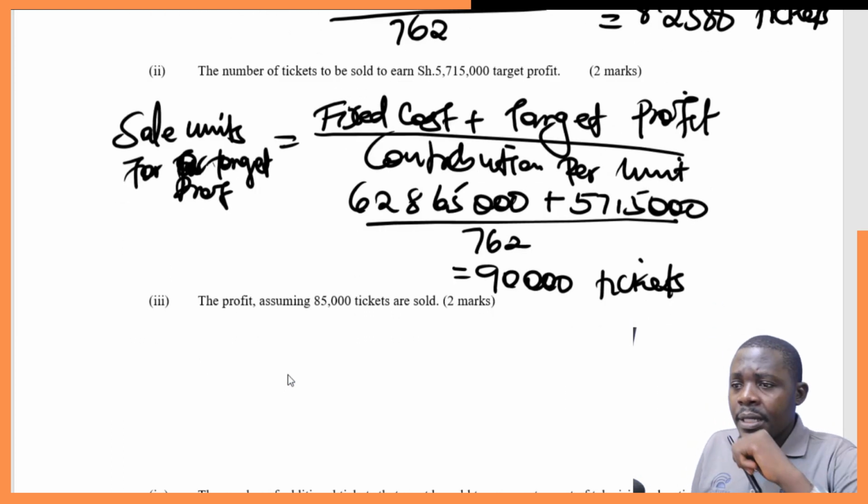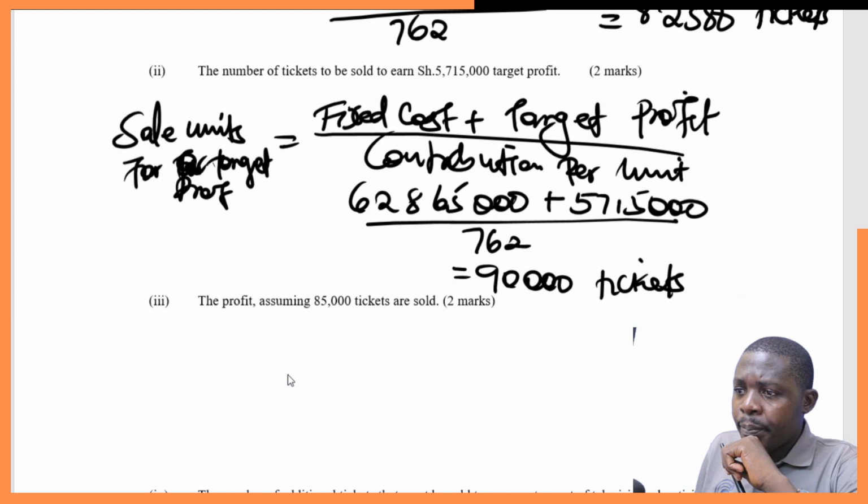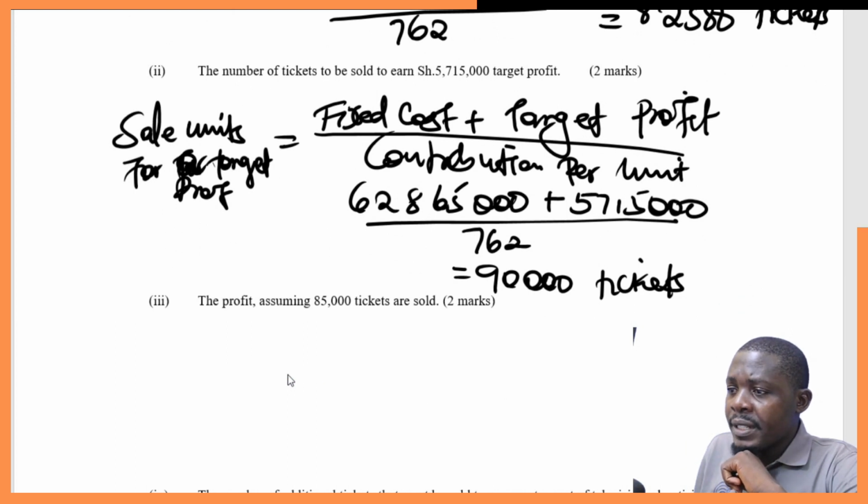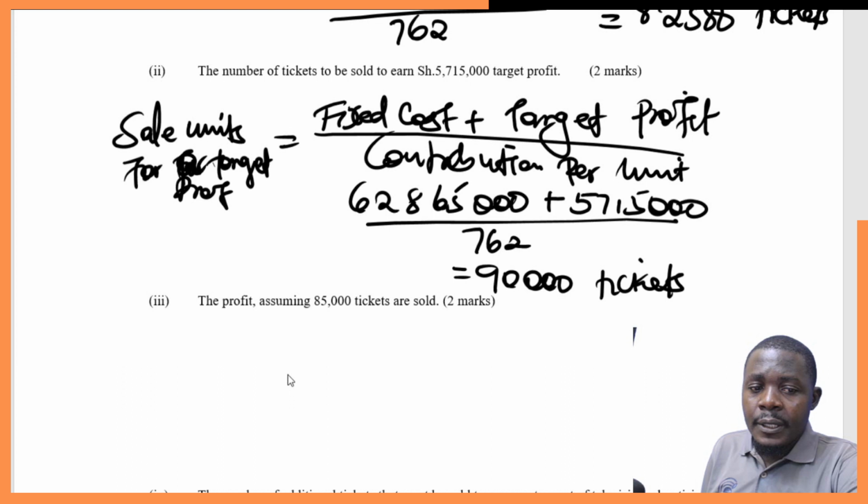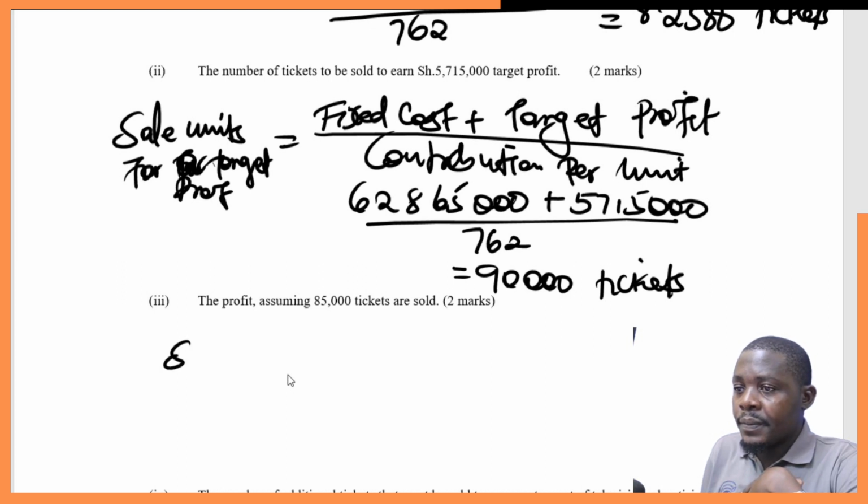Then we are told, Roman 4, the profit, assuming 85,000 tickets are sold. In that case, we just use the same formula, the same formula like this one.